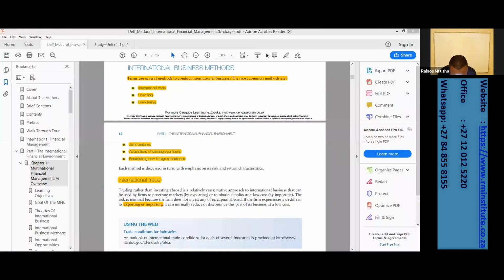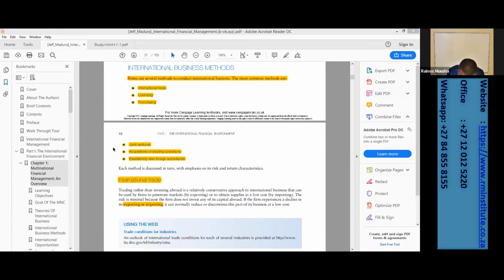Next, we need to look at the international business methods. And this is also another question that I've seen a couple of times being asked in the exams as well. When you look at international business methods, they say firms use several methods to conduct international business.